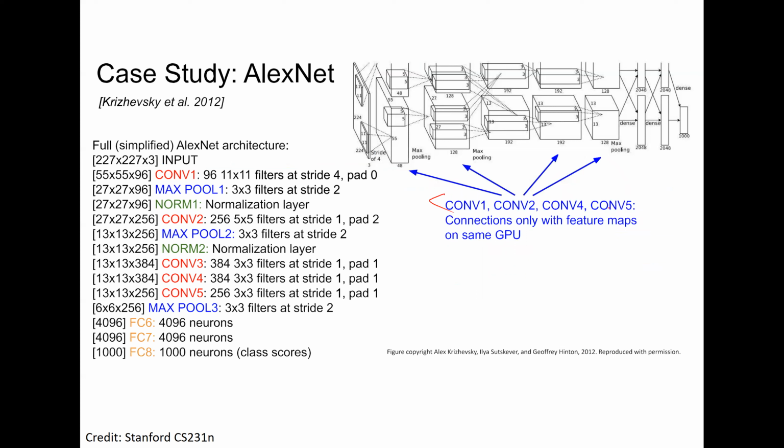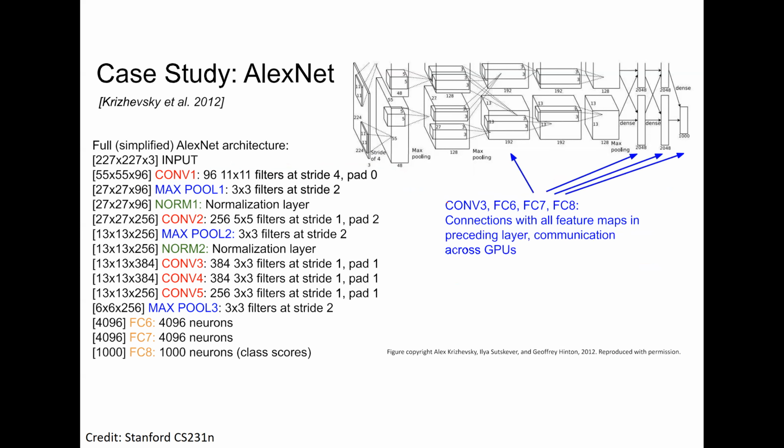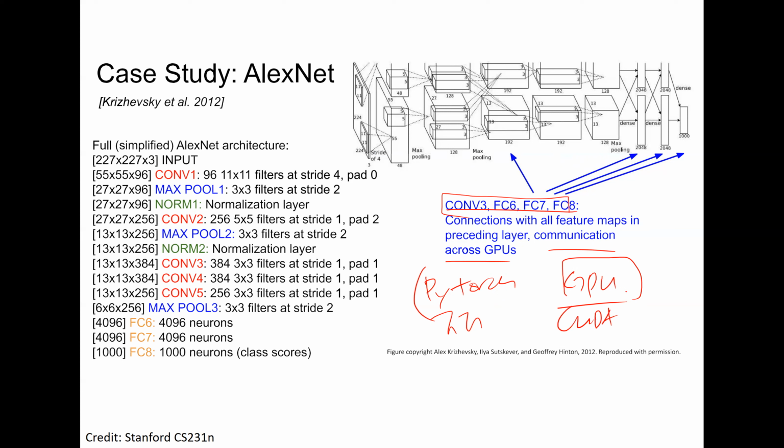So these layers were trained on the same GPU, and these layers communicated across 2 GPUs. At the time, there was no PyTorch or TensorFlow. So researchers needed to write programs for using GPUs with the CUDA library. Therefore, it might have been much more difficult to implement these ideas.